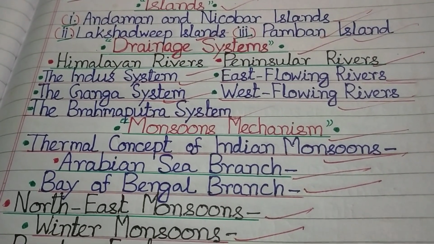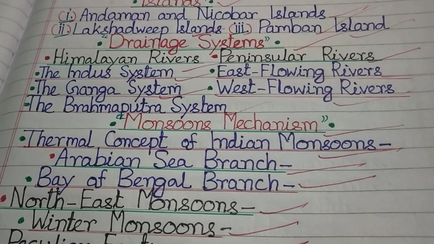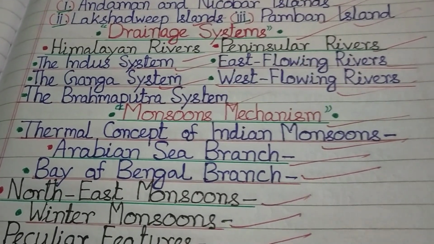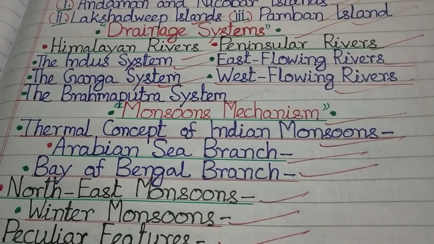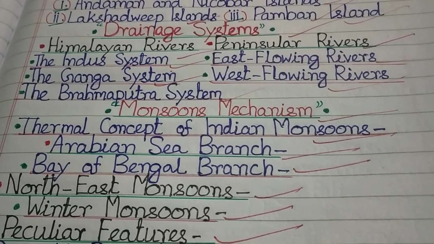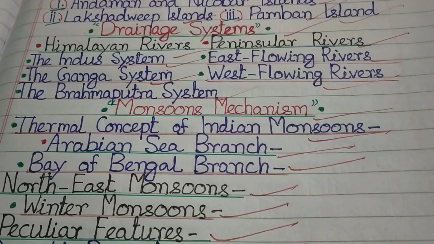The Ganga river basin, with an area within India of 8,61,404 square kilometers, is the largest in the country.